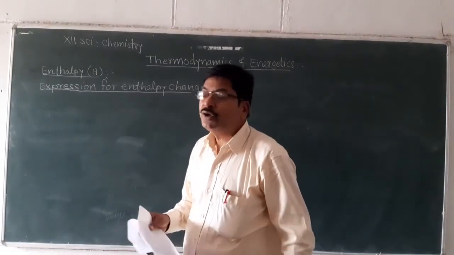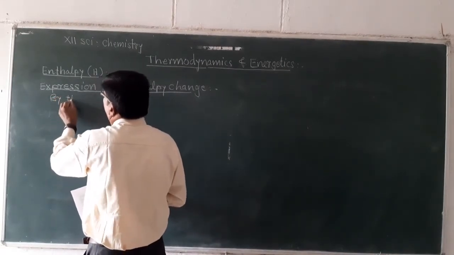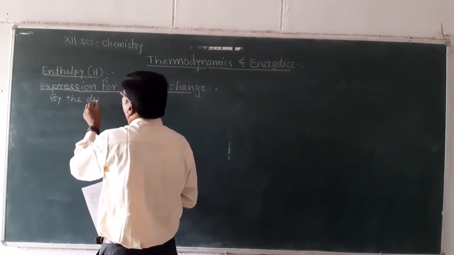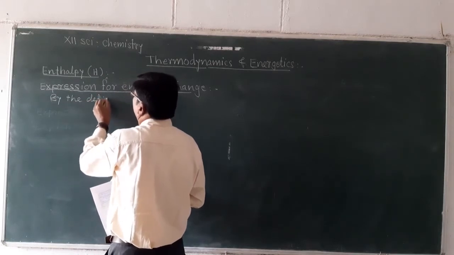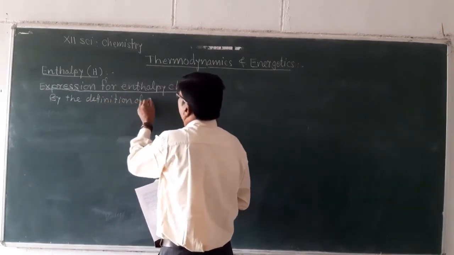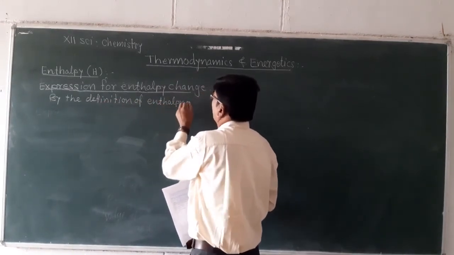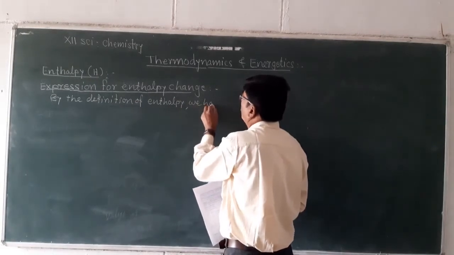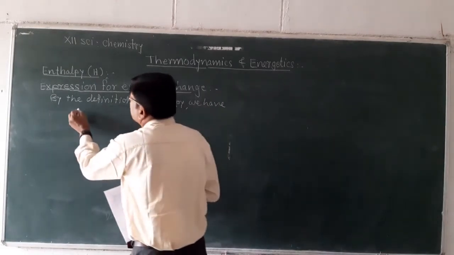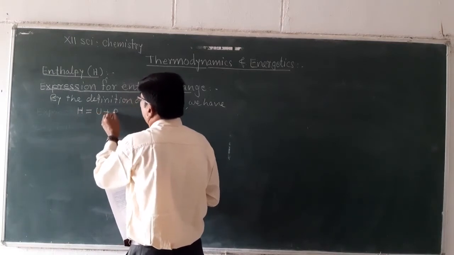By the definition of enthalpy, we have H is equal to U plus PV.